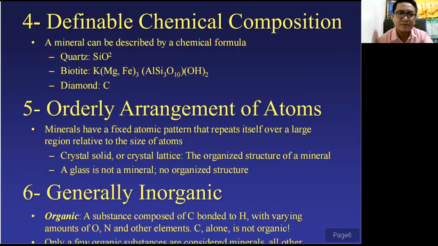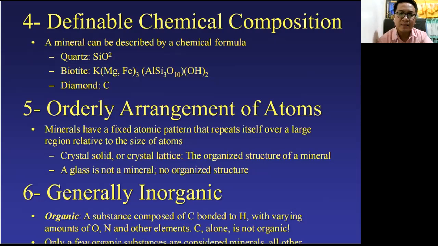Definable chemical composition: a mineral can be described by a chemical formula. Ito po yung mga sample, quartz, silicon oxide, yung meron po tayo yung biotite. Yan po yung chemical composition niya. And then diamond. Next po natin, orderly arrangement of atoms.